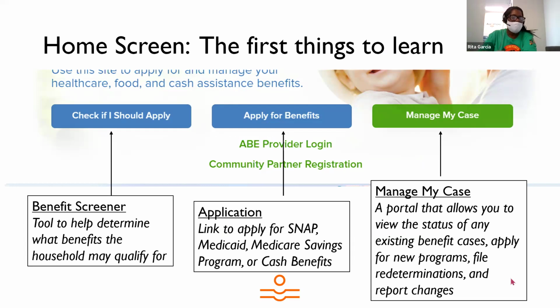The benefit screener, so a tool to help determine what benefits the household may qualify for. And then you can apply for benefits. The application, so link to apply for SNAP, Medicaid, Medicare Savings Program, or cash benefits. And then there's the Manage My Case, a portal that allows you to view the status of any existing benefits case and apply for new programs, file redeterminations, and report changes.